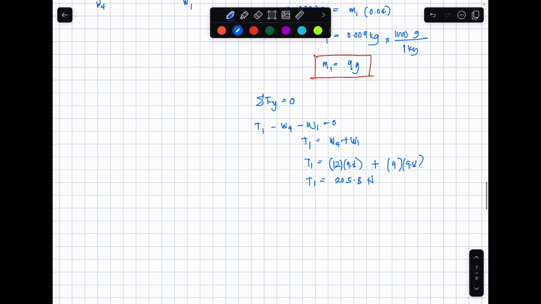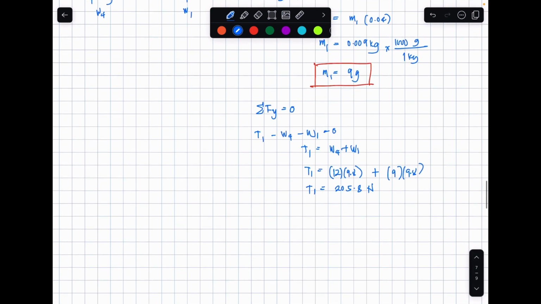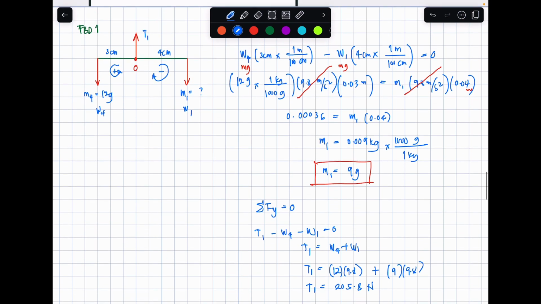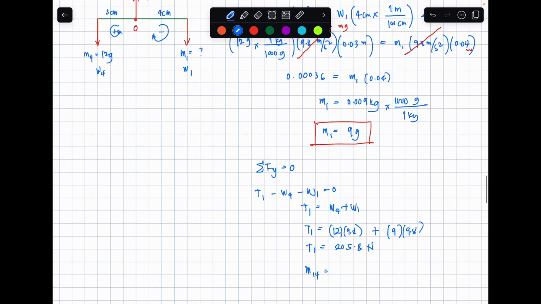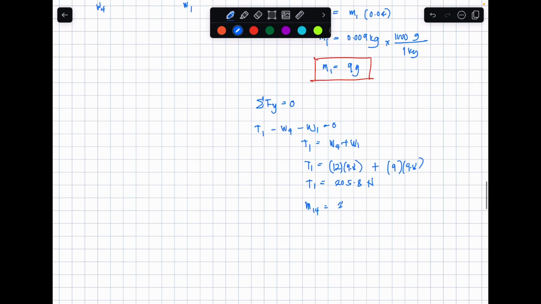So in terms of the mass, or that is M14, the mass then will be equal to 205 divided by 9.8, that is 21. 12 plus 9 is 21, so 21 grams.